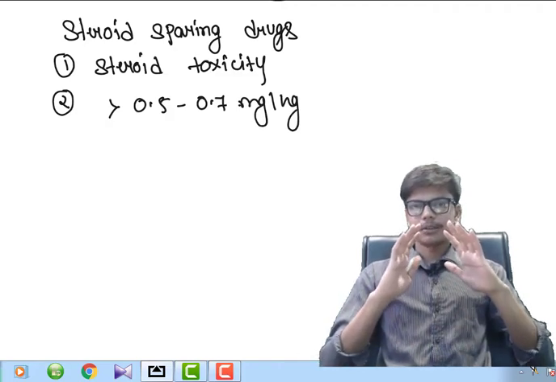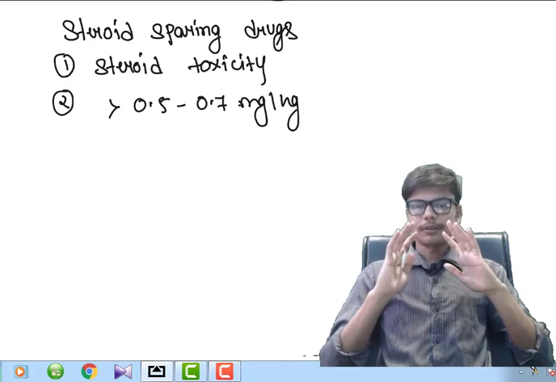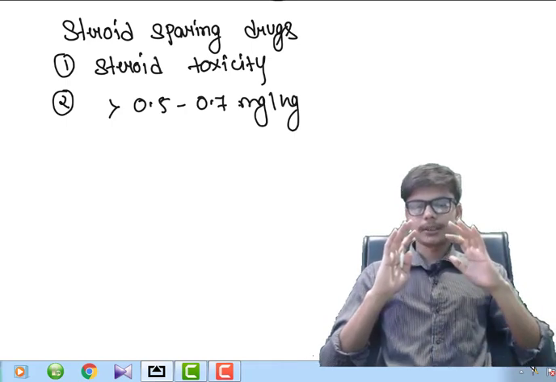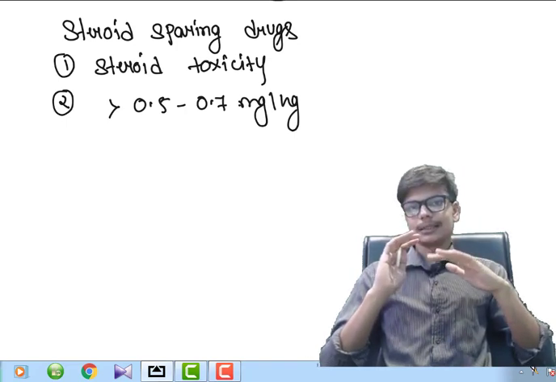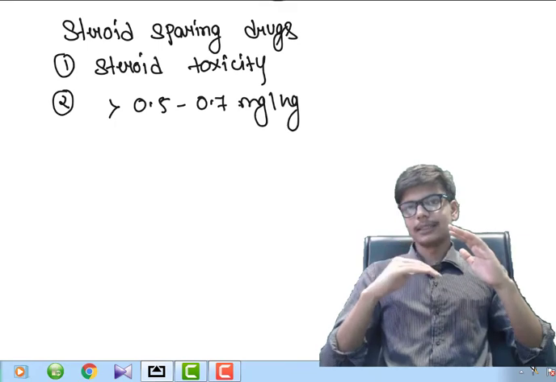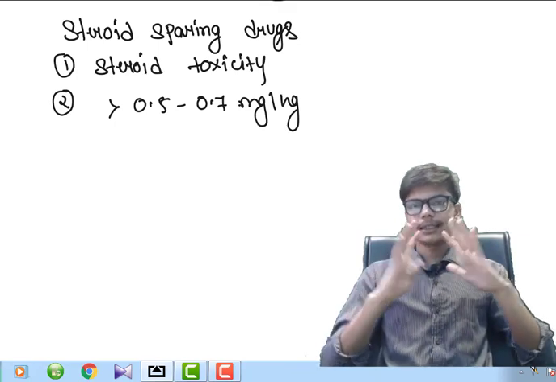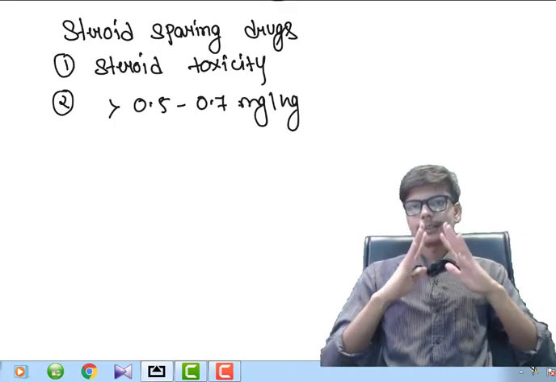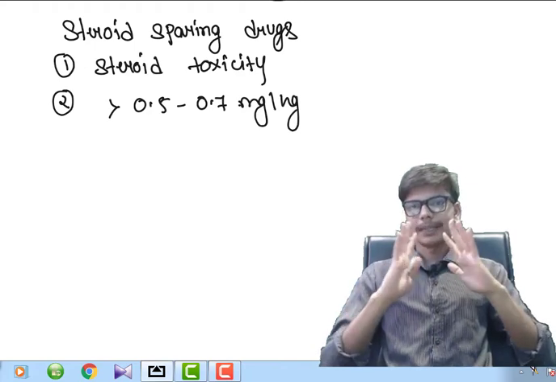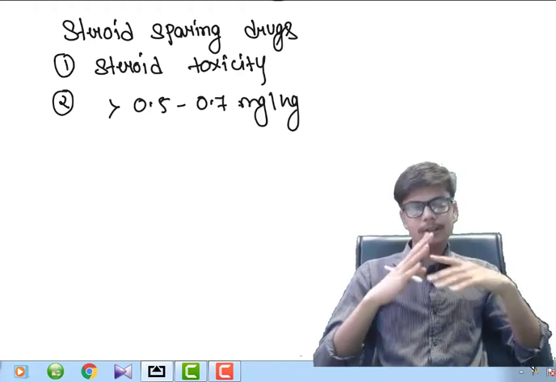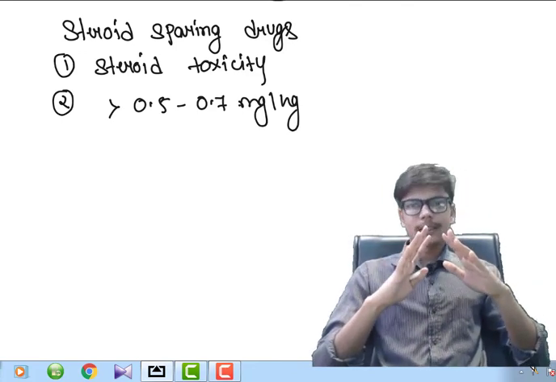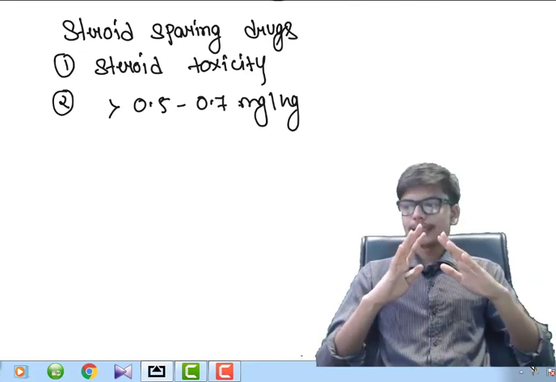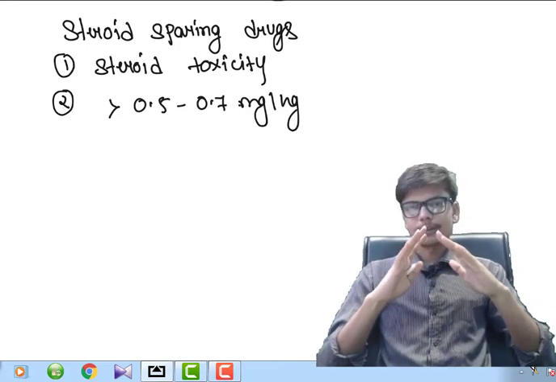In a patient of steroid dependent nephrotic syndrome, we cannot use a dose of steroid more than 0.5. If it is more than 0.5, then the risk benefit ratio worsens. The risk increases and the benefit decreases. So in this condition, we have to use the steroid sparing drugs. The steroid sparing drugs are levamisole, cyclophosphamide, mycophenolate mofetil, cyclosporin and tacrolimus.